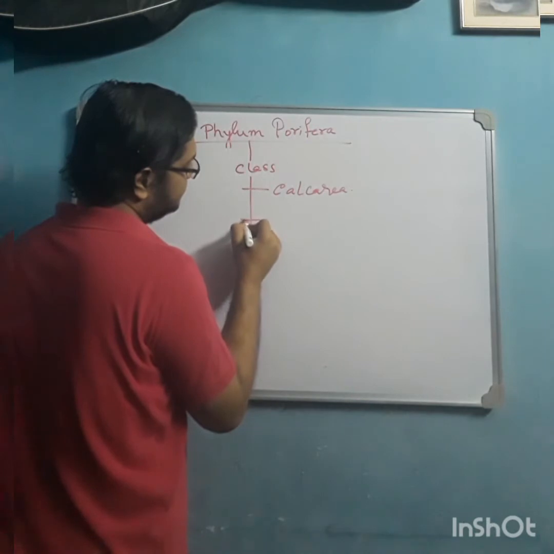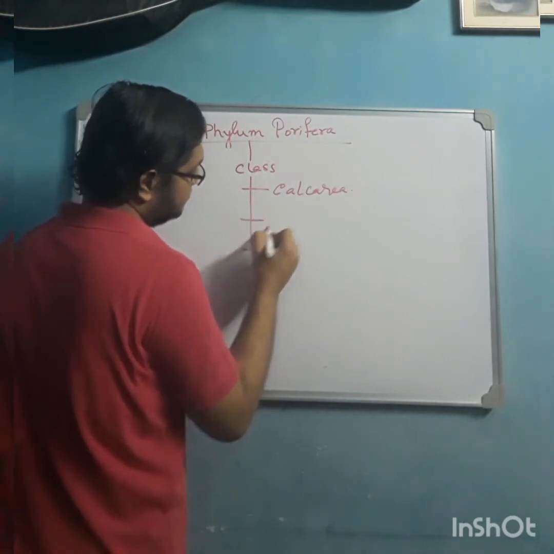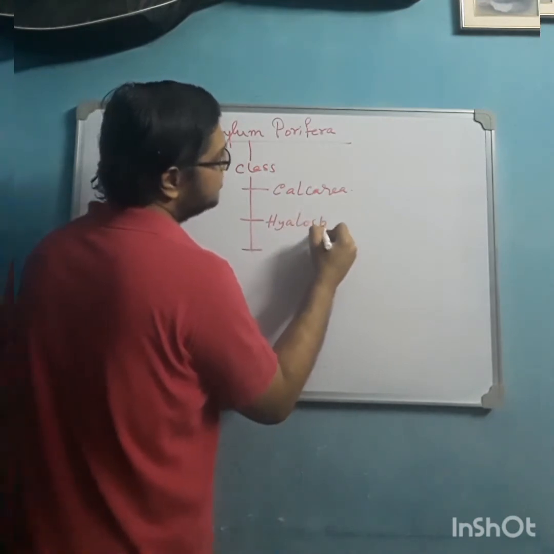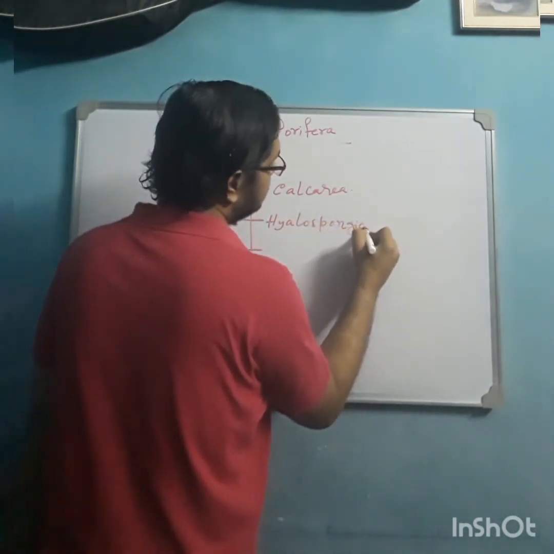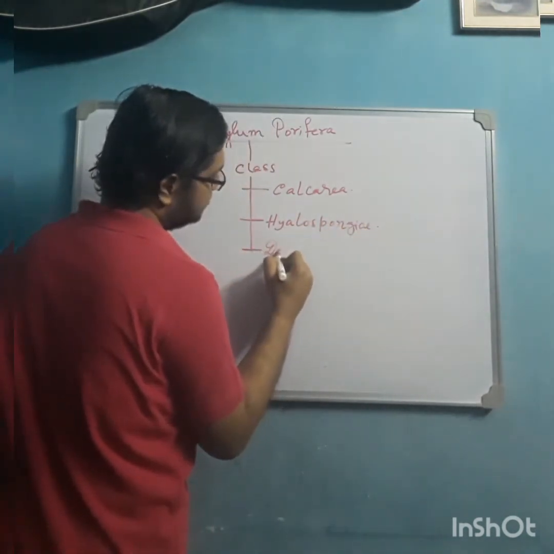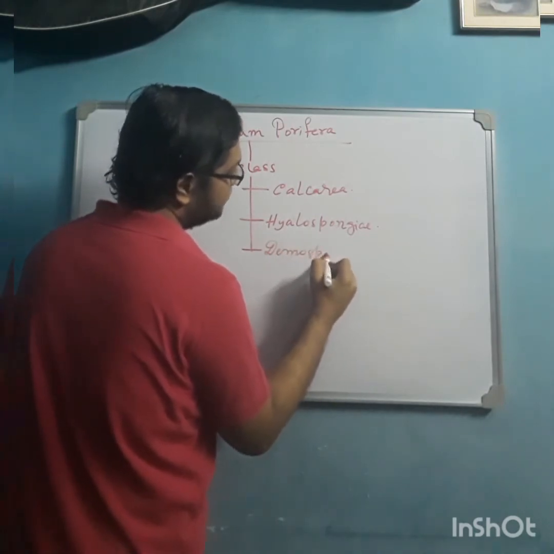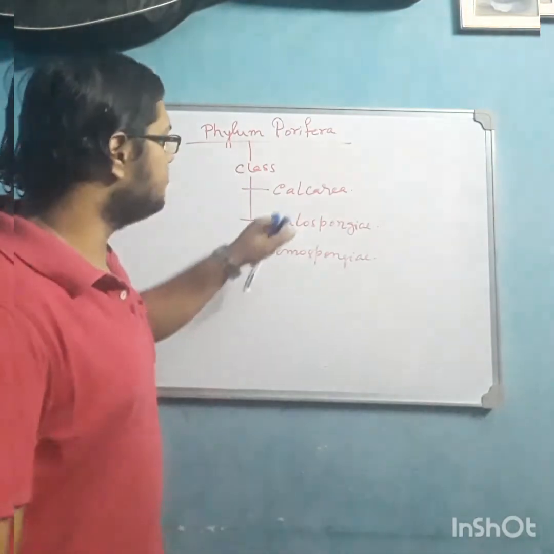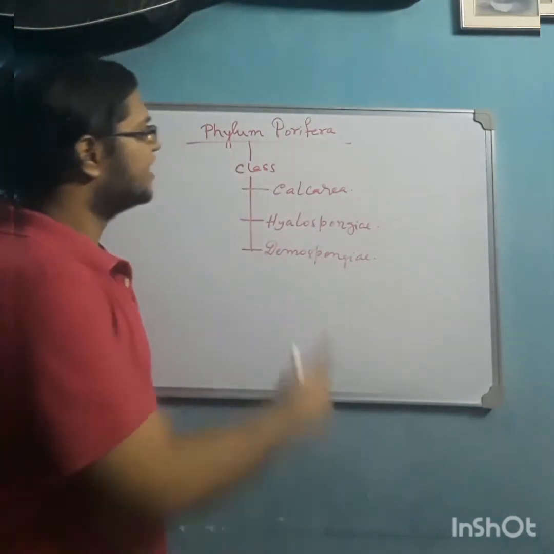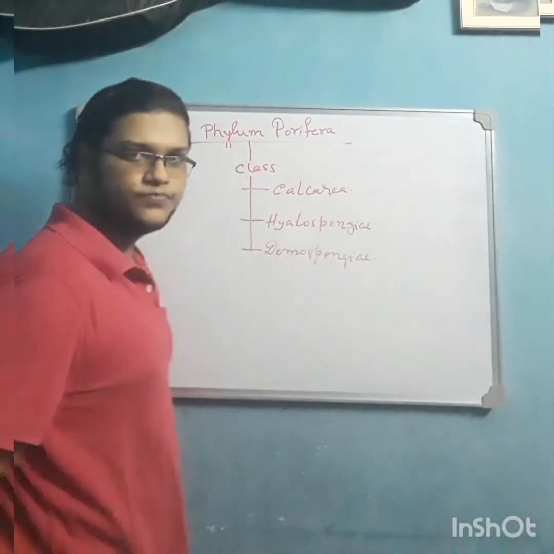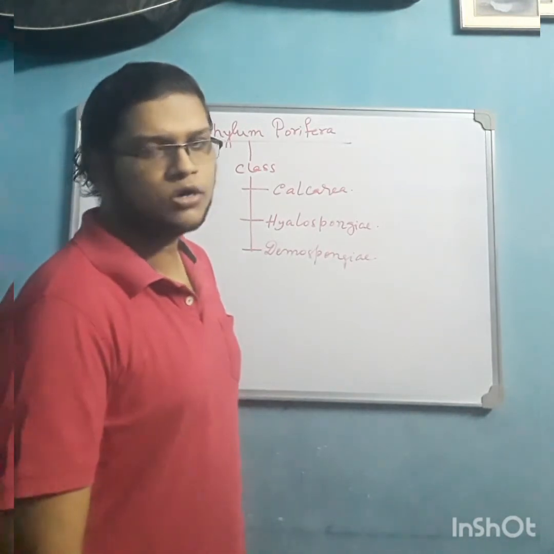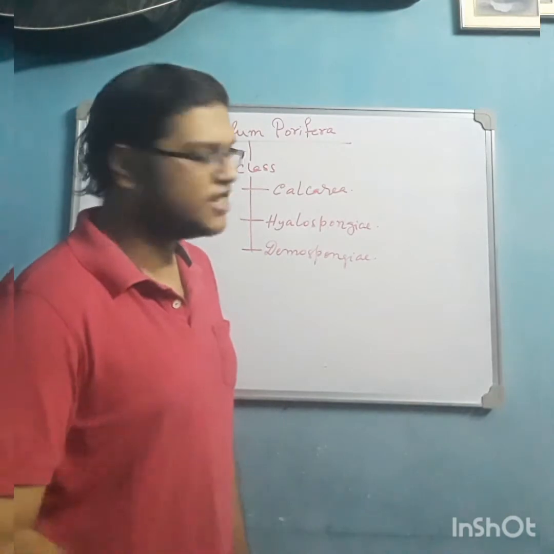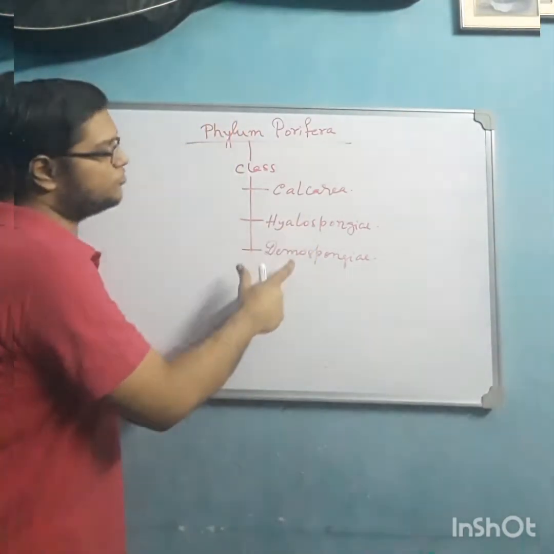Next, Hyalospongiae. Next, Demospongiae. They have different features. Three important classes of phylum Porifera are Calcarea, Hyalospongiae and Demospongiae. For class 12 level, you need not know the different characters of the classes. So you just know the names Calcarea, Hyalospongiae and Demospongiae.